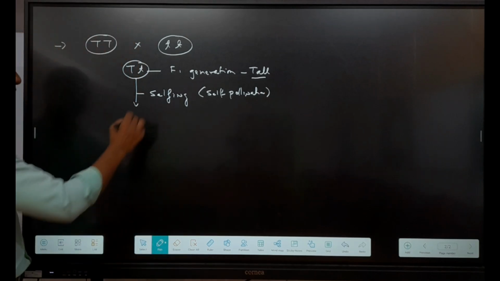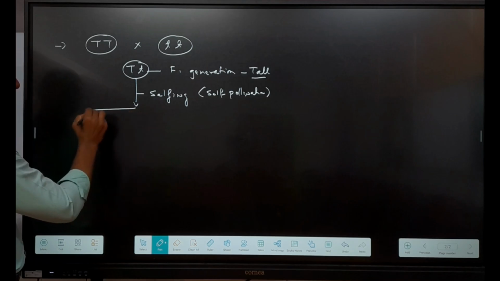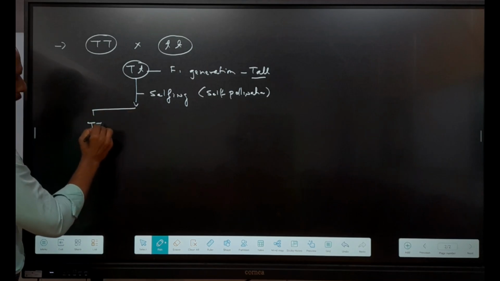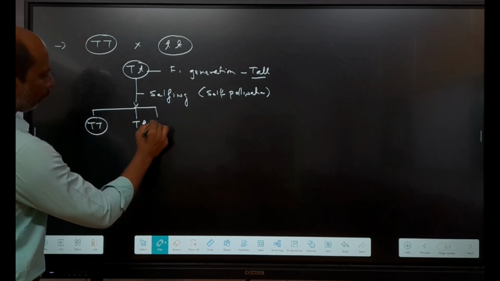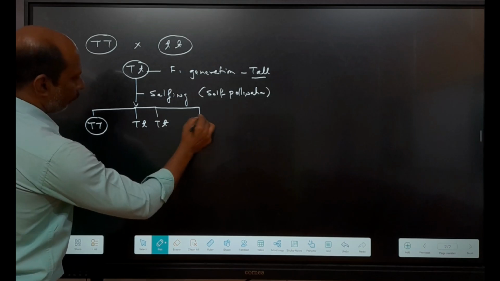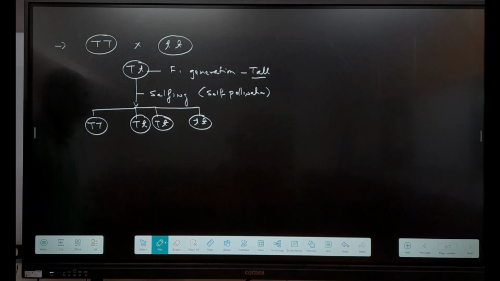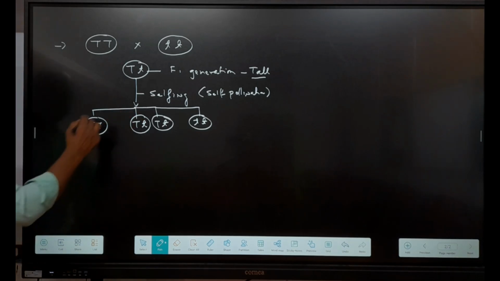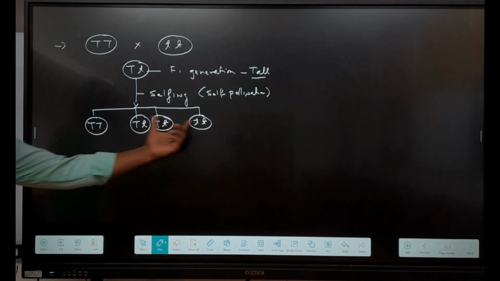So, what happens here? In the next, that means in the F2 generation, we have 4 types of plant. It is capital T capital T, capital T small t, capital T small t, and small t small t. Right? Now you understand, here we have 4. Suppose that 4 seeds are formed.